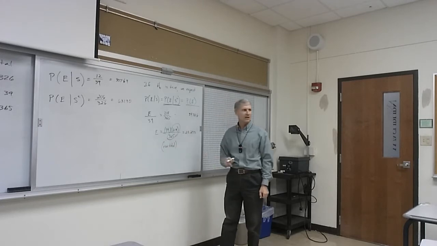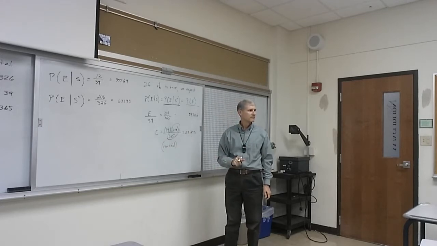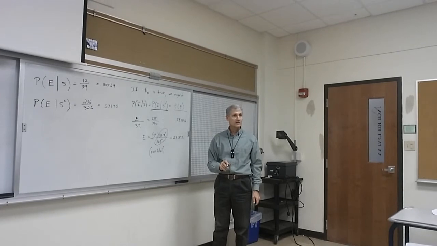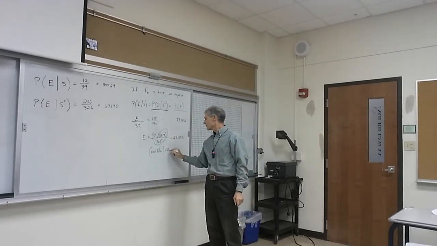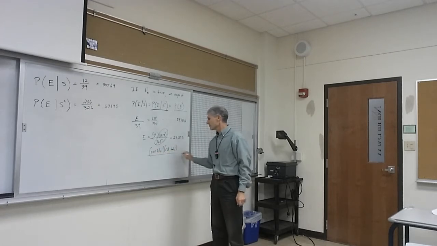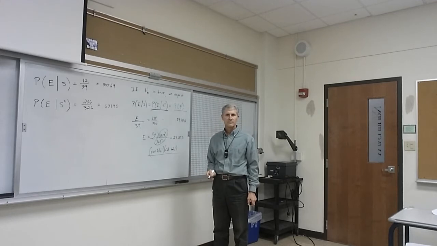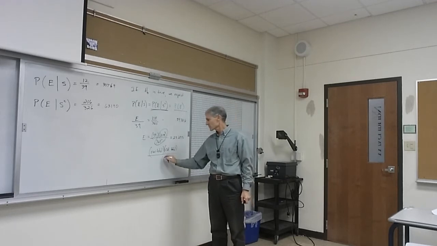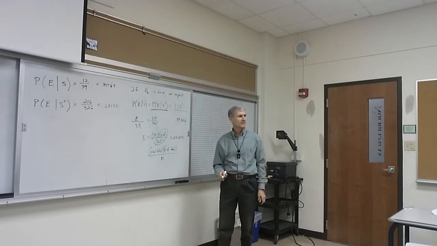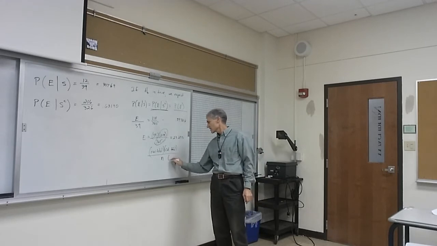Where did the 218 come from? The total number of exercisers, so it's a column total. And where did the 365 come from? That's the overall total, or the sample size n. Sometimes I write it as n, sometimes as grand total from the table.